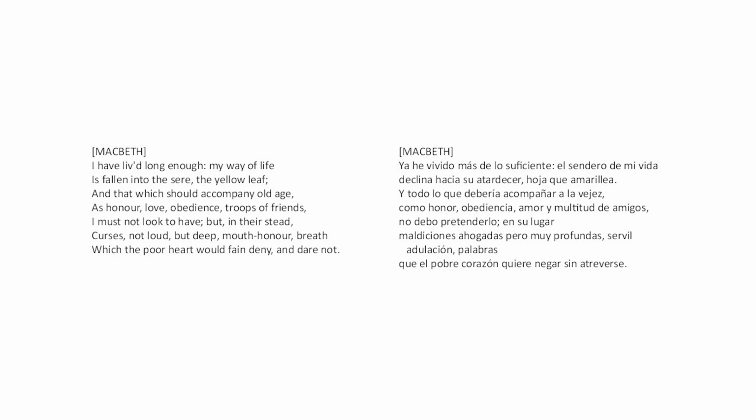I must look not to have. But in their stead, curses, not loud, but deep, mouth honor, breath, which the poor heart would fain deny and dare not. That wonderful list of the things that one should have as old age and what he's got.